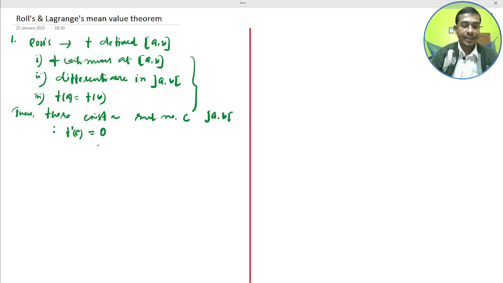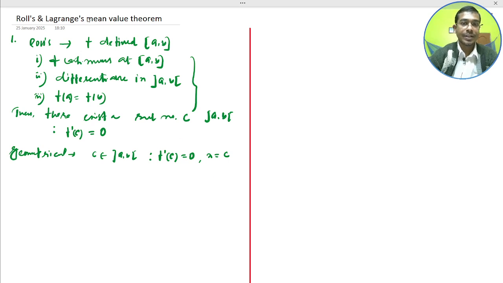And the geometrical significance: the existence of a real number c belonging to the open interval (a, b) such that f'(c) equal to 0 shows that the tangent to the curve at x equal to c has slope 0.